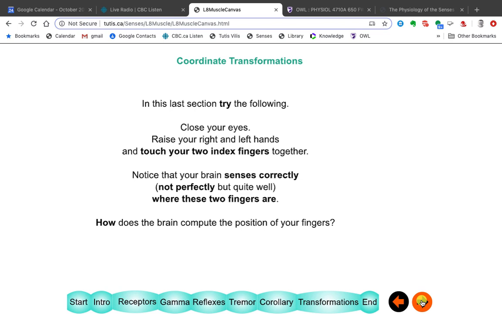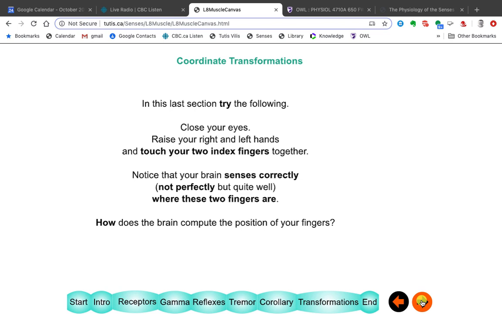You miss a little bit, but it's amazingly accurate. So your brain knows where this hand is, and it knows where this hand is, and can put the two together. Now, that's a remarkable achievement, because how does it know where each hand is?